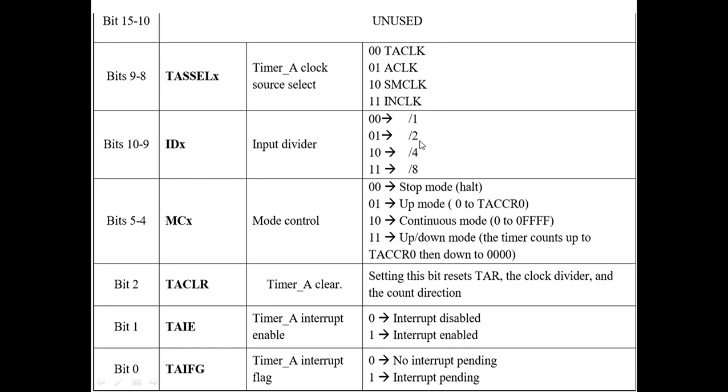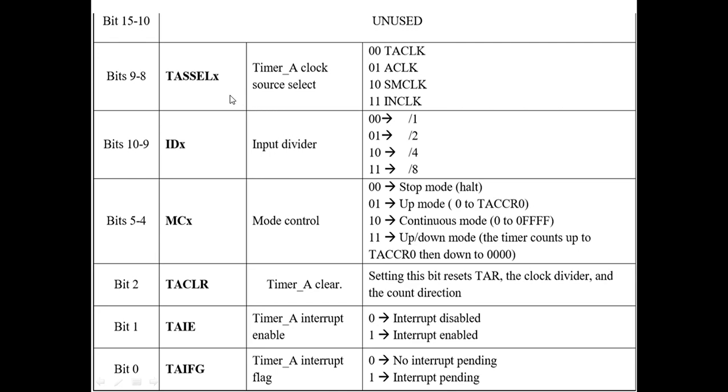If you want to divide by 2, the value is 1. If you want to divide by 4, the value is 1 0. If you want to divide by 8, the value is 3. Like that, we can configure the desired clock frequency in the timer A device.